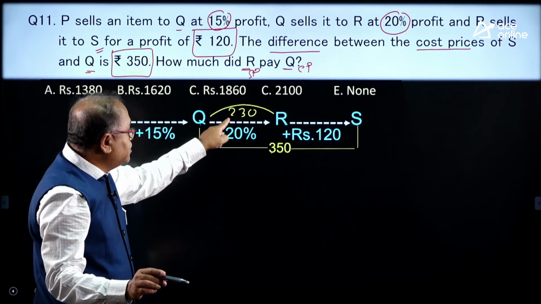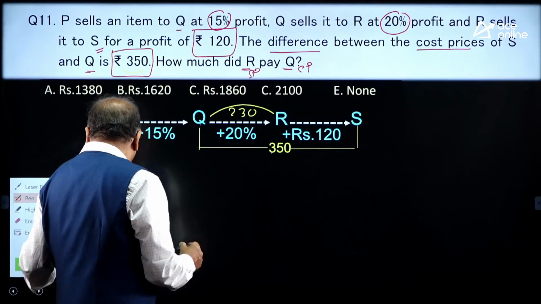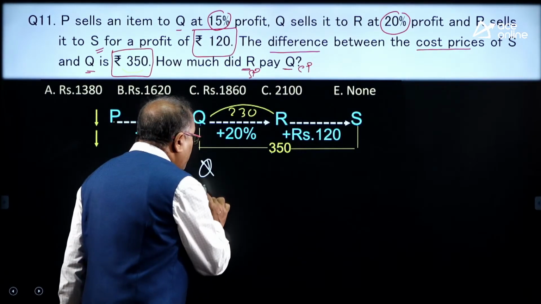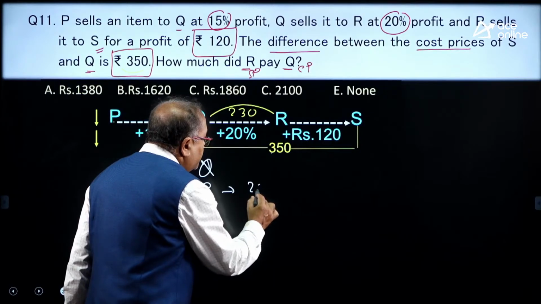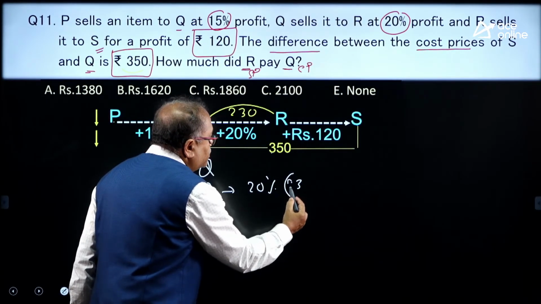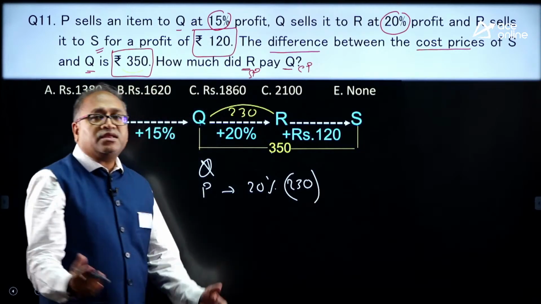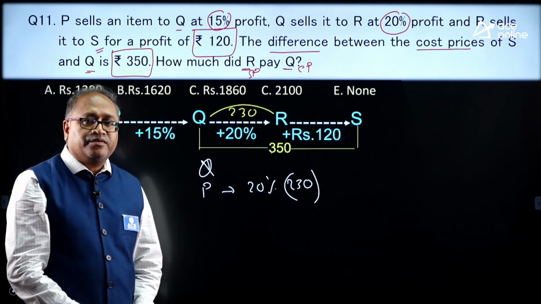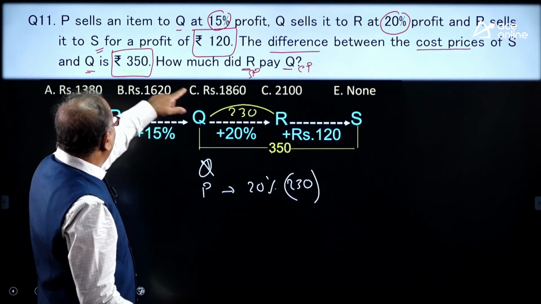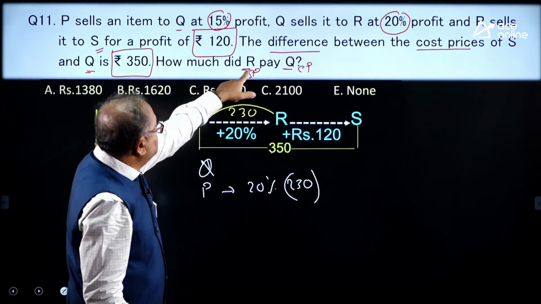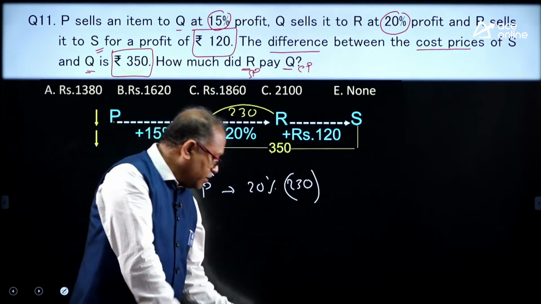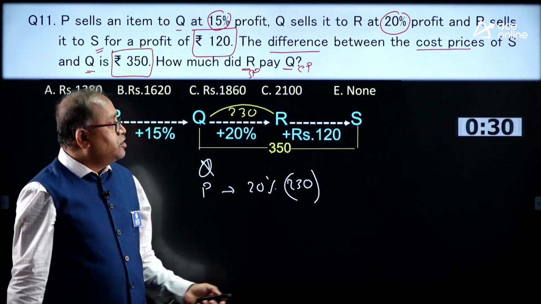Can I get the cost price of Q? Definitely yes. So, what I need to find out is the selling price of R or the cost price of Q. Come on my friends, I am giving 30 seconds for you to respond.